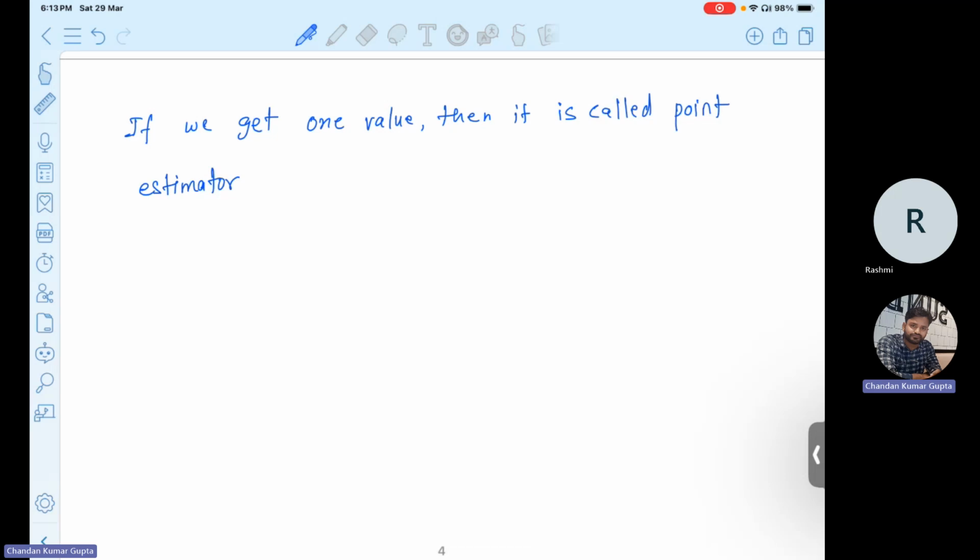And if we get a value in some range, then it is called an interval estimate.